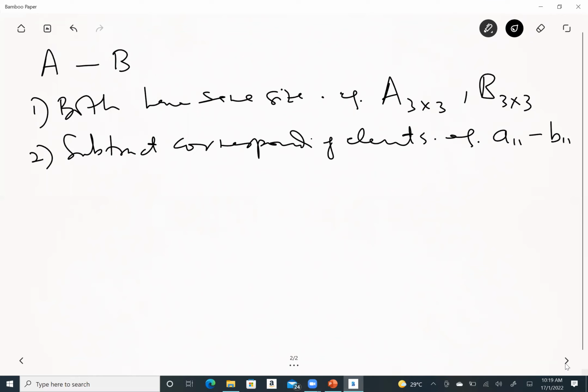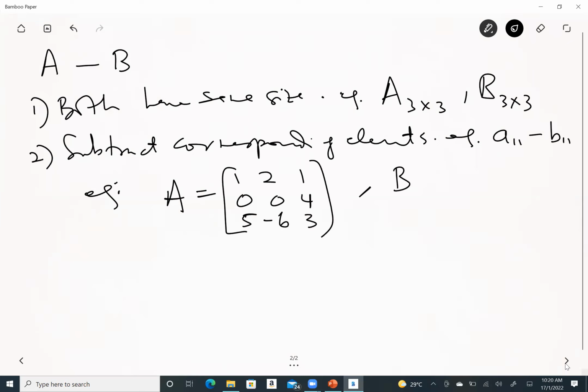Right? So if I consider a full example of a matrix, let's say we have A equal to 1, 2, 1, 0, 0, 4, 5, negative 6, 3, and then a matrix B equal to 2, 2, 0, 0, 0, 1, negative 5, and then 3, 2, 1.